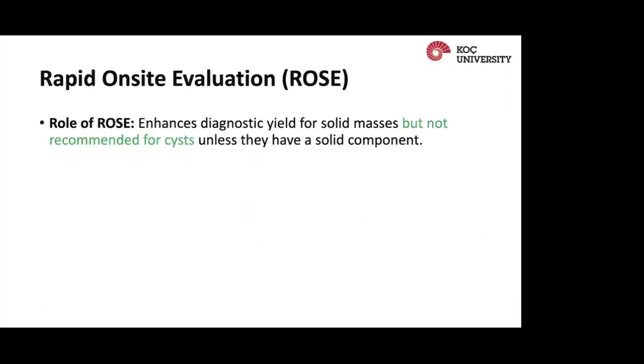And of course, we talk about the pre-analytic phase being the most important thing for obtaining high-quality RNA, DNA, and of course, the specimen. Rapid on-site evaluation plays a pivotal role, especially for solid lesions, but don't forget, it is not recommended for cysts unless they have a solid component.